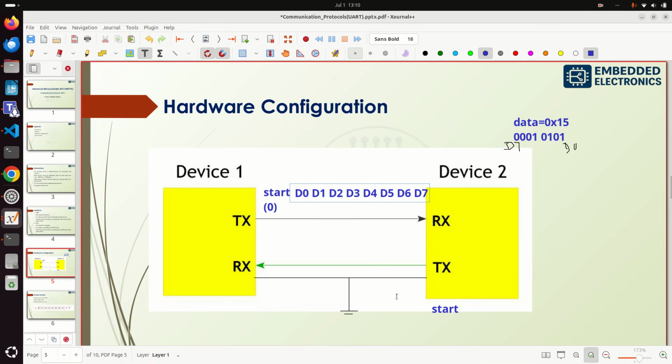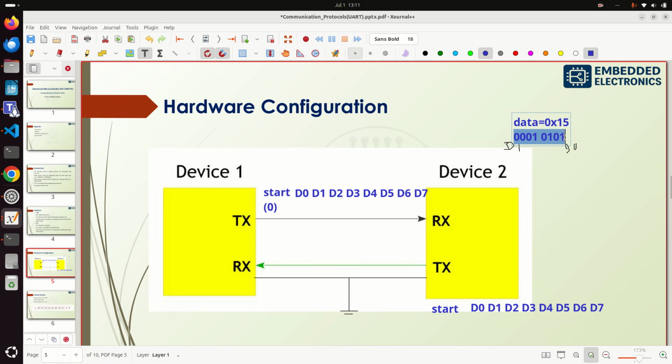And the receiver receives the data in the same way: first D0, then D1, D2, D3, D4, D5, D6, D7. Like this it received 8 bits. After this transmission, does device 1 have any other data to transmit? No, we have only D0 to D7.